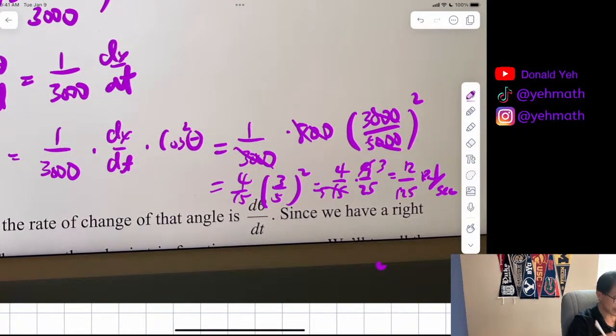So that's about 1/10 of a radian per second, and 1/10 of a radian is roughly 4 to 5 degrees.